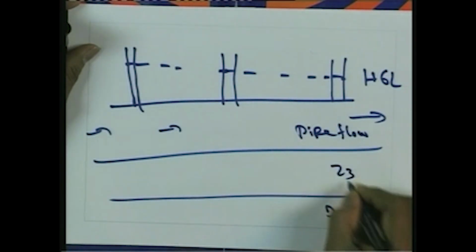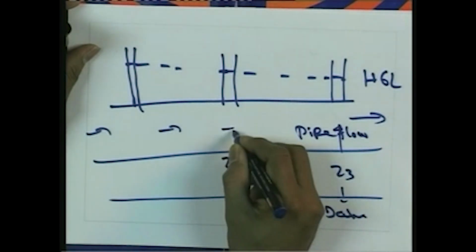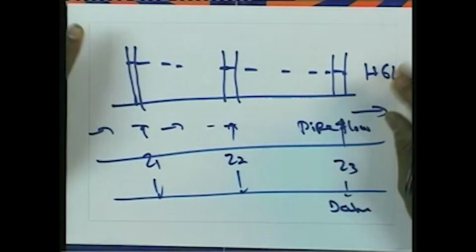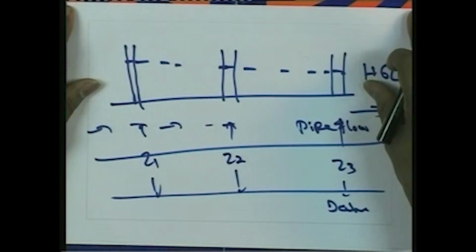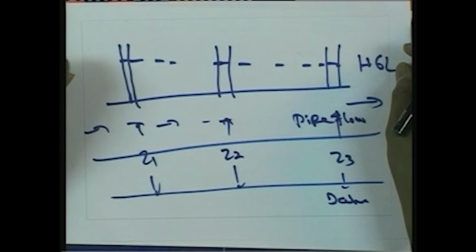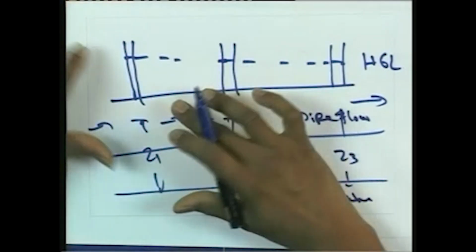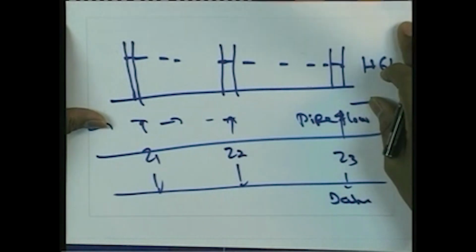Here this is z3 measured to the central line, this is z2, and this is z1. When we plot the locus of the piezometric heads, that gives the hydraulic grade line. This hydraulic grade line doesn't include the velocity head, since we are not considering the velocity head at these various locations. So the hydraulic grade line is the locus of a series of piezometric taps.